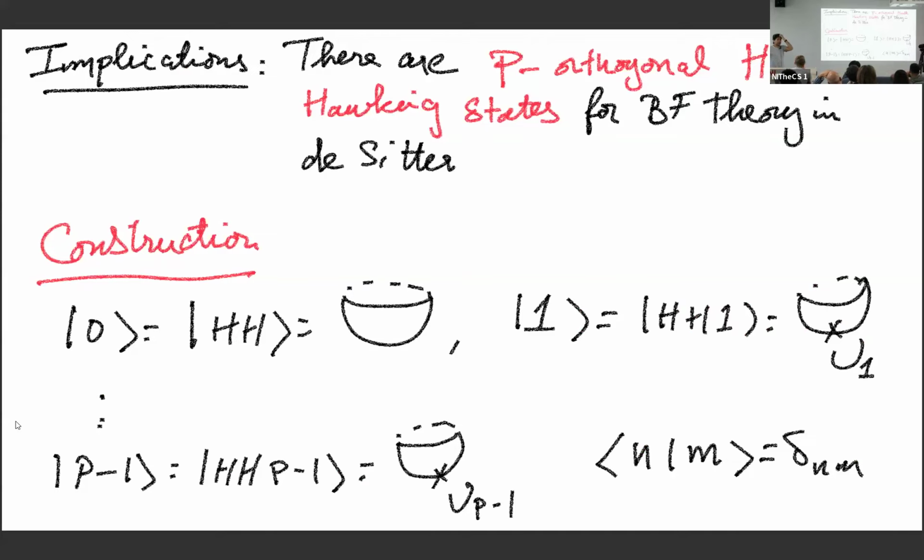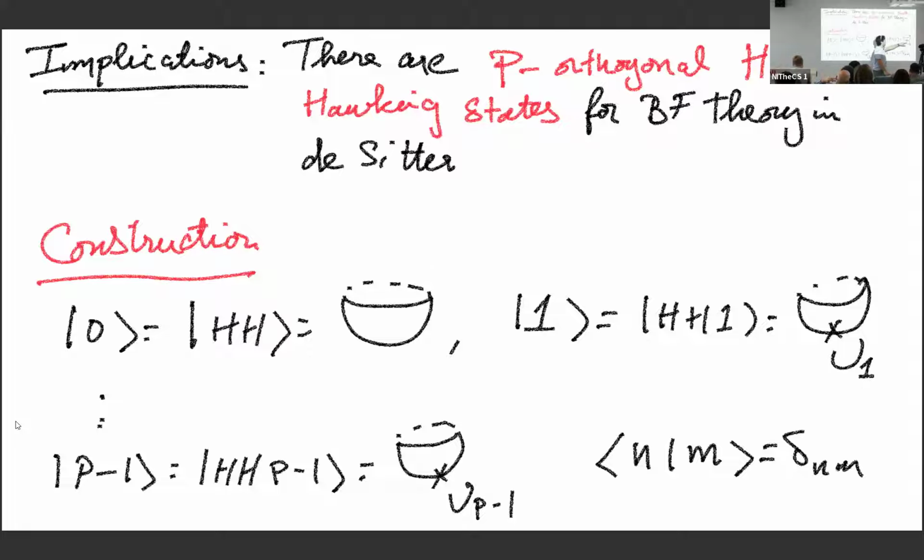Now, how do I see that I can spontaneously break this Z_p symmetry? Like I mentioned before, we'll just use the picture of Euclidean state preparation. There's a state |0>, which is the Bunch-Davies state. I just do the path integral without any operator insertions, and I let this prepare an initial state for de Sitter. Now I imagine that I continue this into Lorentzian time. I have a Lorentzian de Sitter after this point, and this is going to be a de Sitter invariant state.